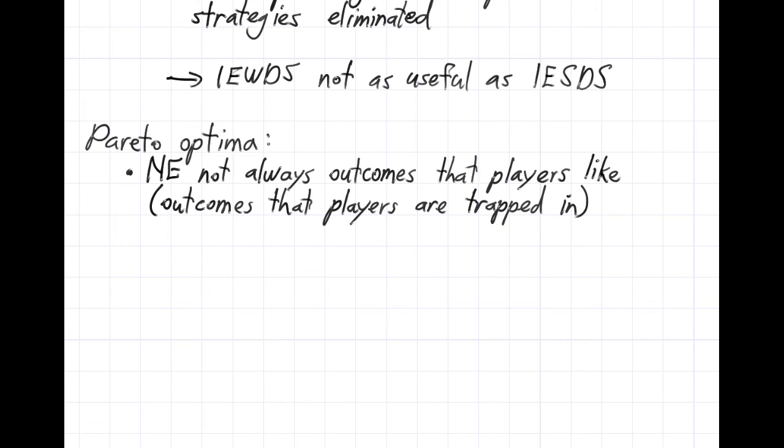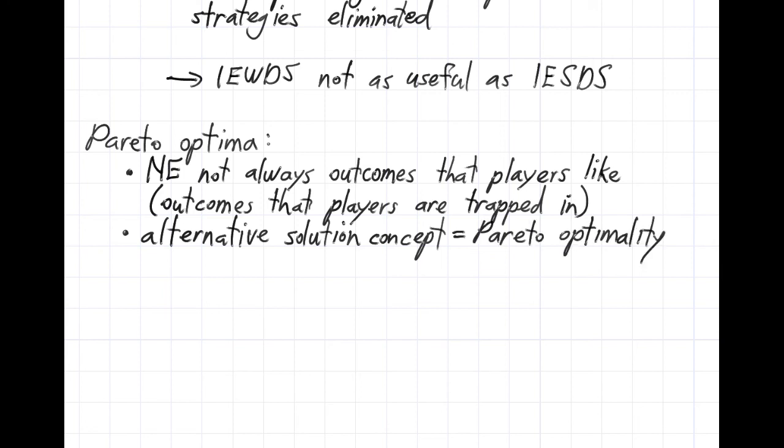So there is another concept, and this is just one of many, and that is the Pareto optima, or Pareto optimality. And it rests on a concept that we need to talk about, and that is the Pareto improvement.